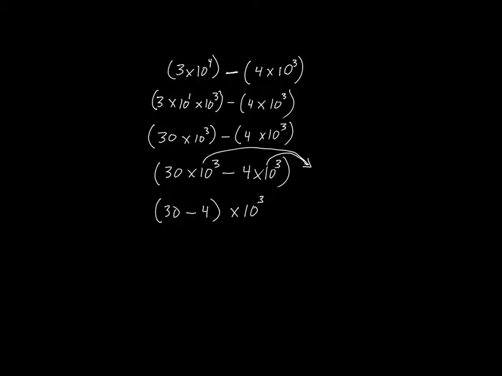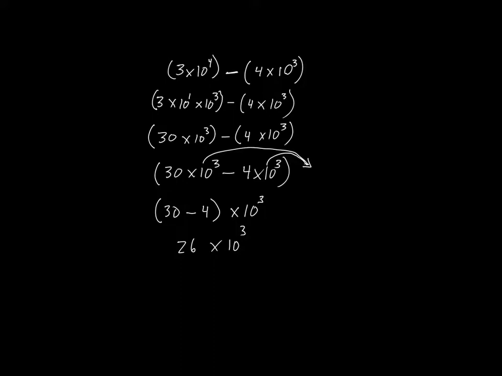Now that you have it like this, do a regular subtraction. So we have 30 minus 4, which gives you 26 times 10 to the third power. Now this is not in scientific notation because 26 is not greater than or equal to 1 and less than 10.